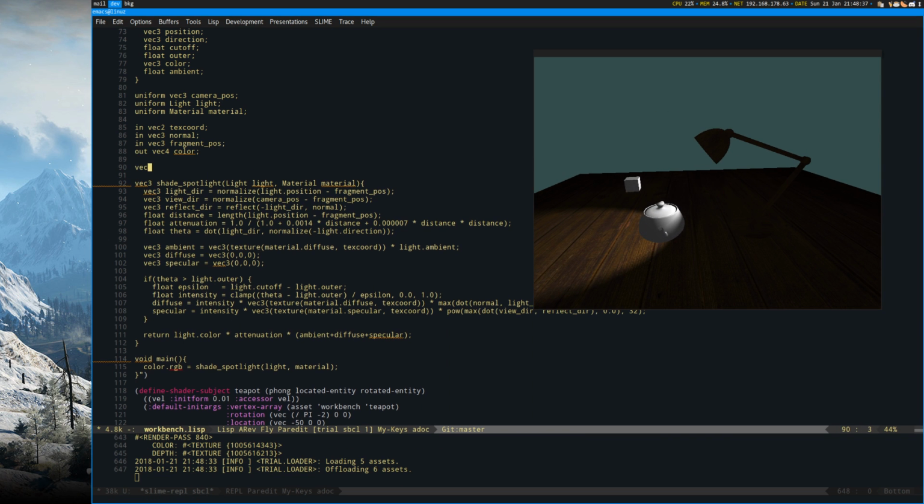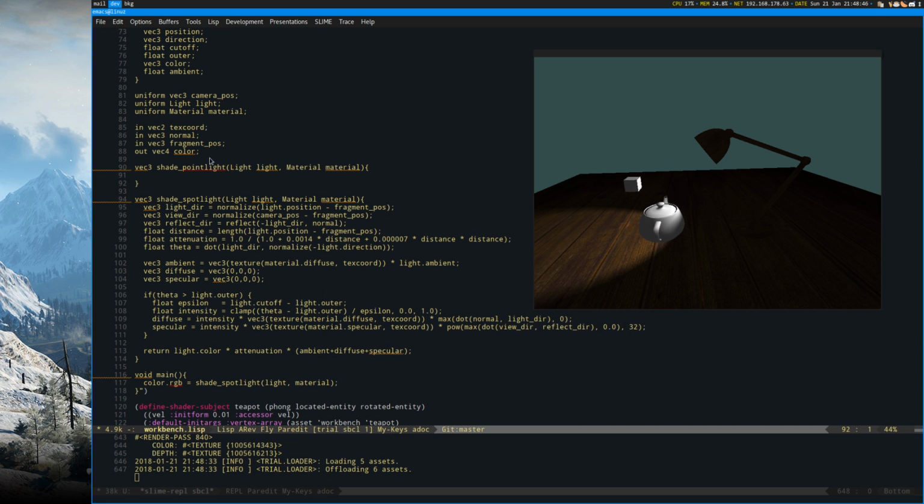And now we basically have almost the same shade. Like light. Point light.